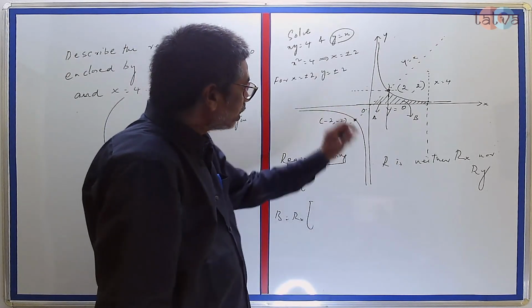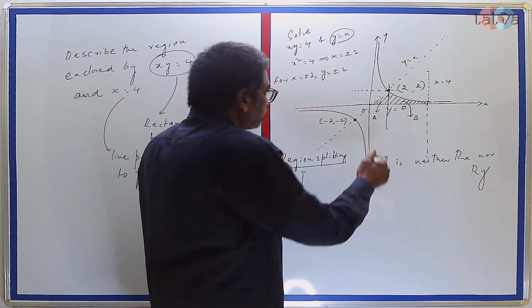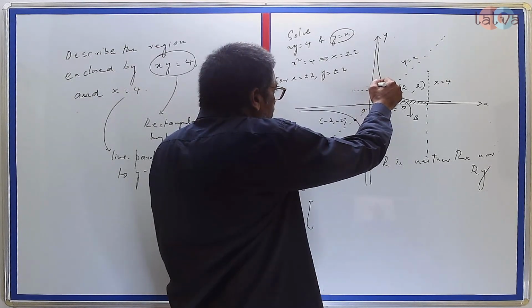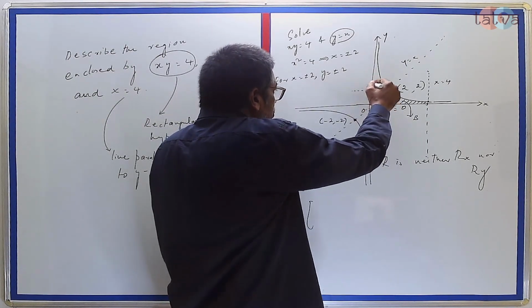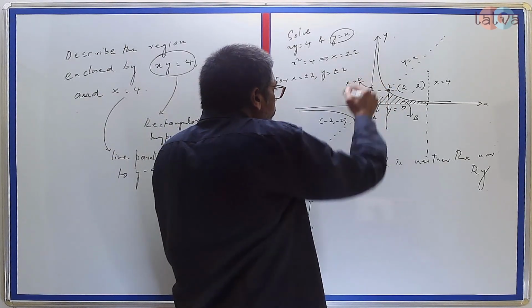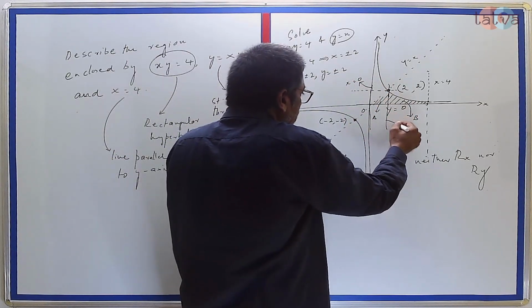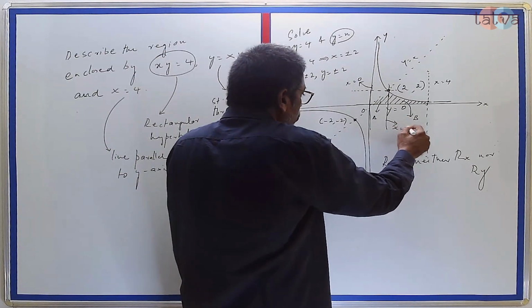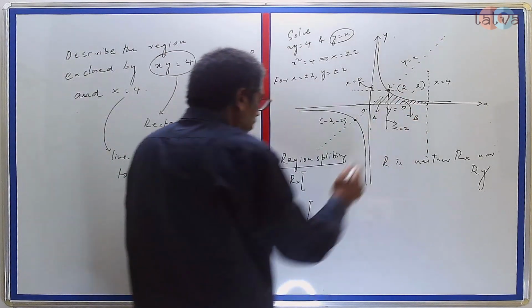So let me explain A as an Rx region. An Rx region is trapped between vertical lines. So what's the equation of this line? That has to be x is equal to 0. What's the equation of this line? That has to be x is equal to 2 because it passes through this point.